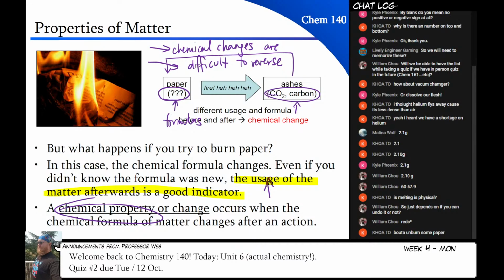So if there's a phase change, physics. If there is a formula change, chemistry. If it's easy to reverse, physics. If it's difficult to reverse, chemistry. That sort of stuff, okay?